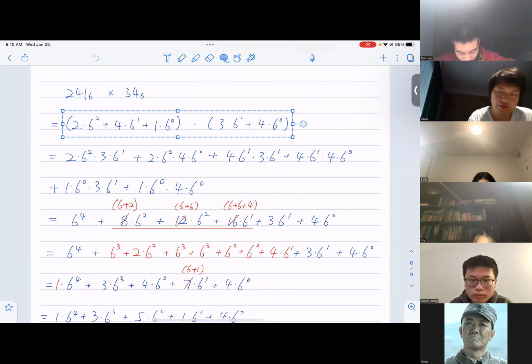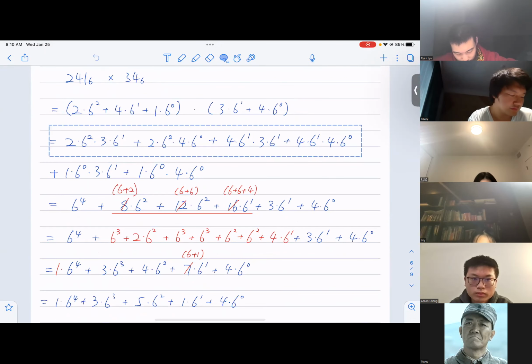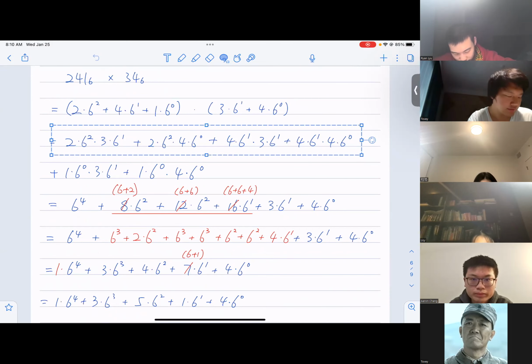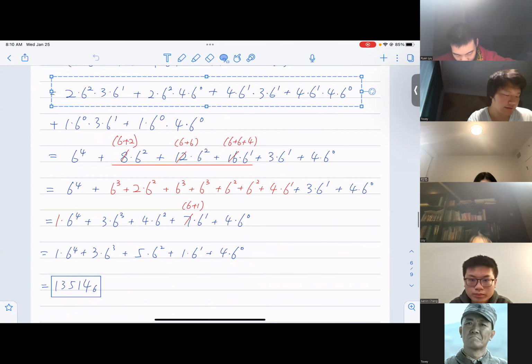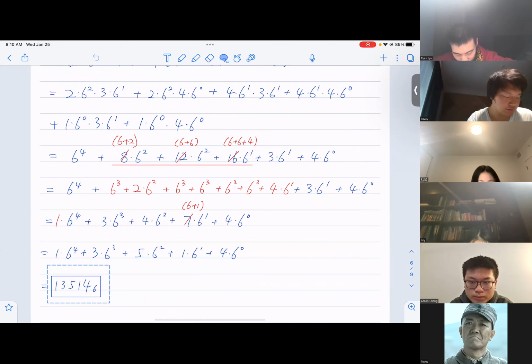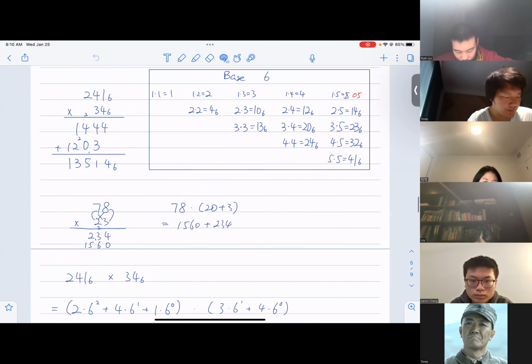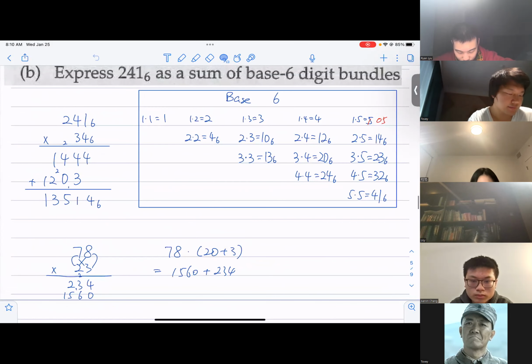If you just use digit bundles, you have to do distributions all over. That means you have a lot and you have to carry over. So it takes a long time, right? So maybe you want to do something else, something like constructing a multiplication table and use that table to complete your multiplication, right?